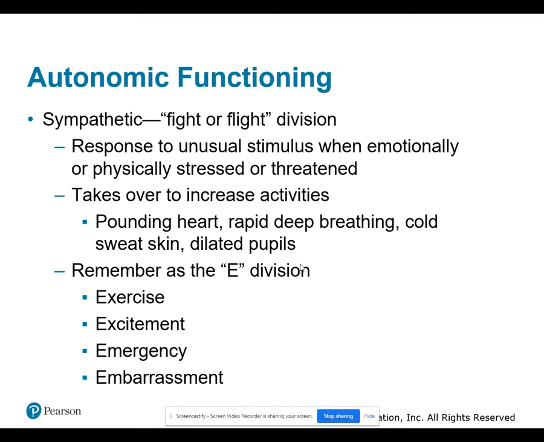So let's go into a little more detail about these two subdivisions and their functioning within the autonomic nervous system. The first one we're going to talk about is the sympathetic. We learned in the last section that this is called the thoracolumbar region because of where they originate, but the sympathetic nervous system can also be known as the fight or flight division because of its function or its response. It responds to any unusual stimuli that affect our homeostasis.